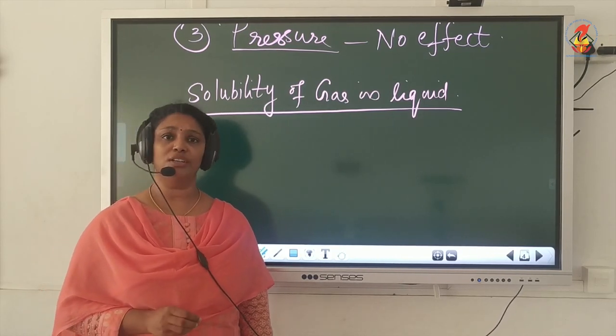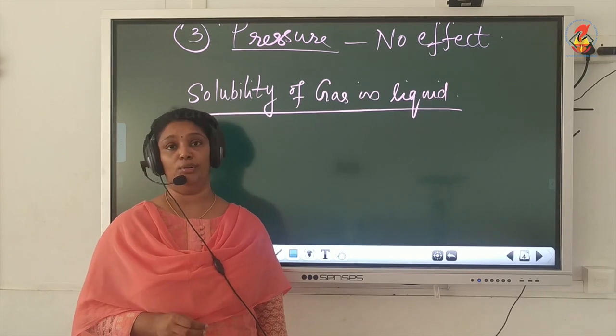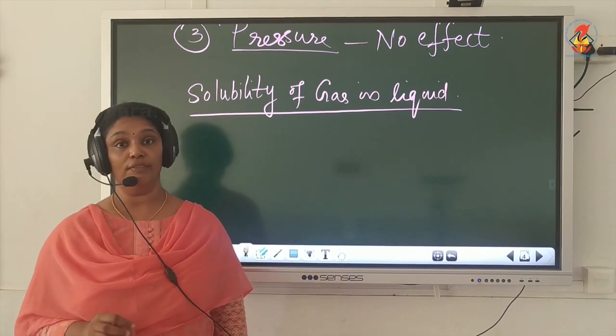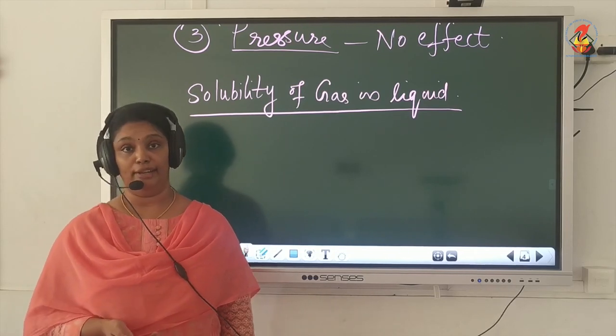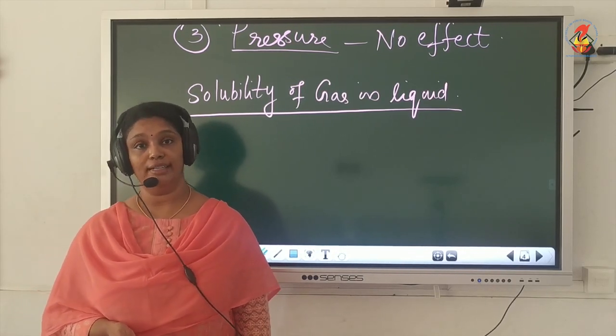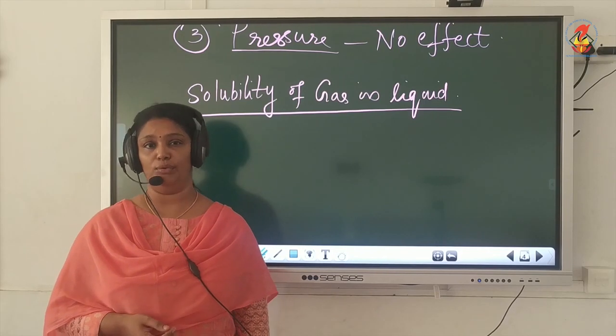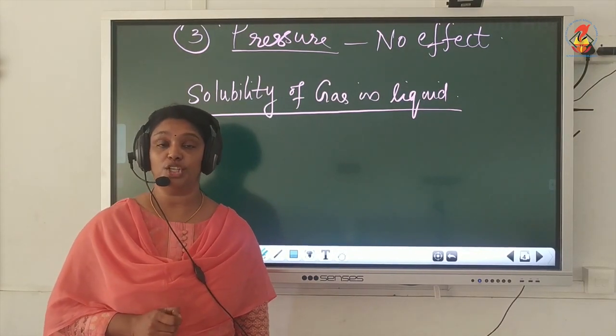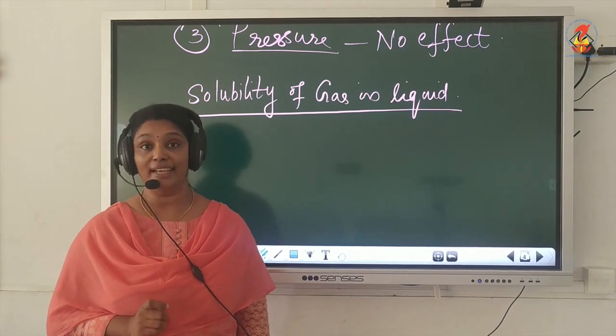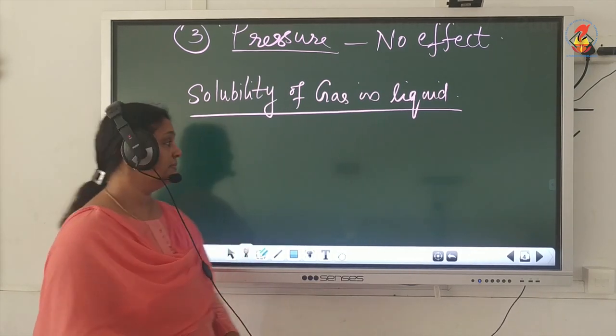For example, oxygen gas is less soluble in water, and we know that this dissolved oxygen is responsible for the aquatic life. And hydrogen chloride gas is highly soluble in water. Now let's see what is the effect of temperature on solubility of gas in liquid.